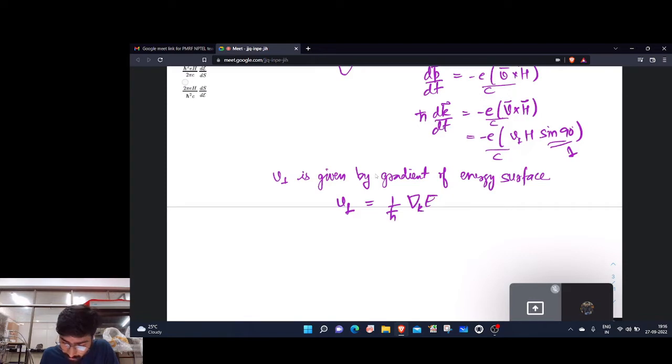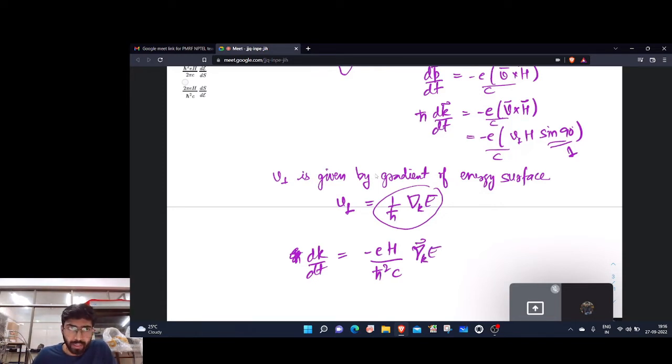Now we are talking about k states, and so putting this value of V perpendicular in our earlier relation, what we get is dk by dt is minus of eH divided by, now with h cross going down, and we had an h cross earlier, it became h cross square c, delta E k.